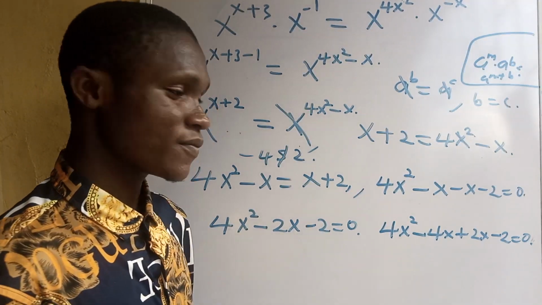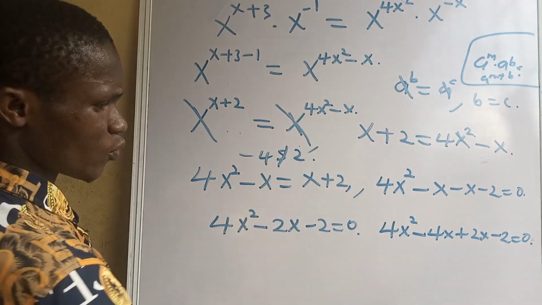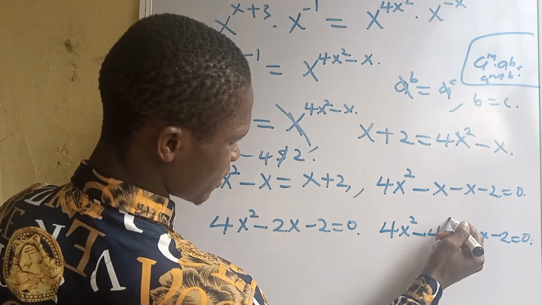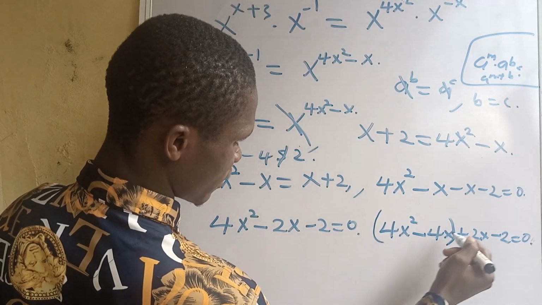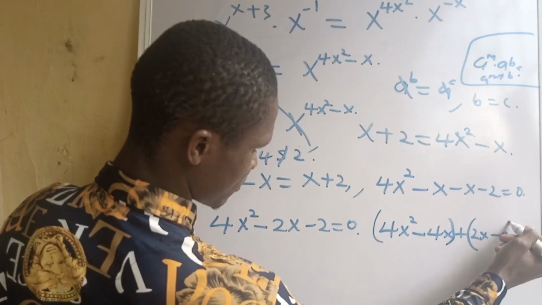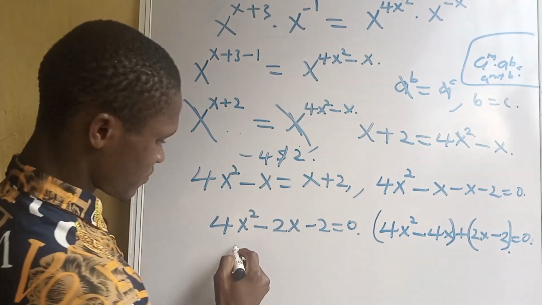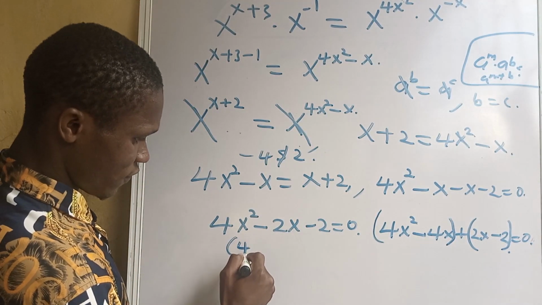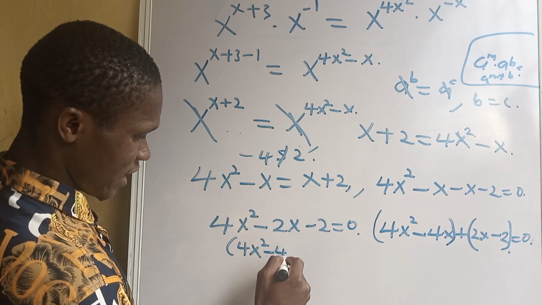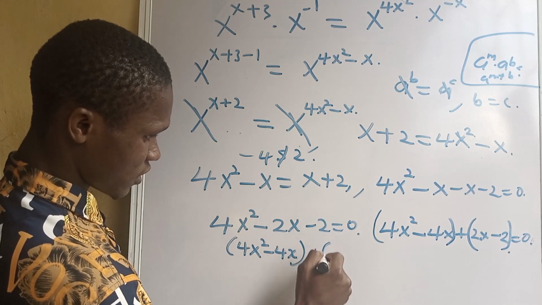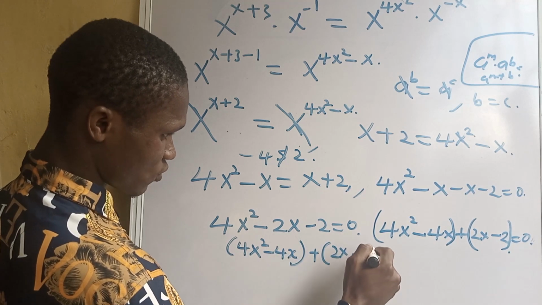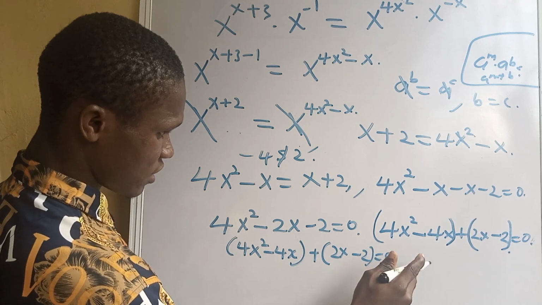Okay, furthermore, we can simply put brackets. So we have an addition sign here, right? We can put a bracket here and a bracket here. So we now have open bracket 4x squared minus 4x close bracket plus open bracket 2x minus 2 close bracket all equal to 0.